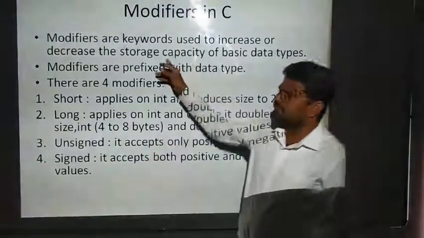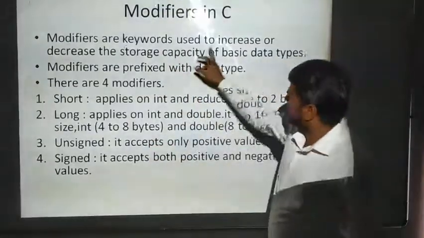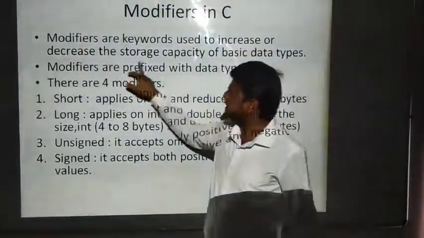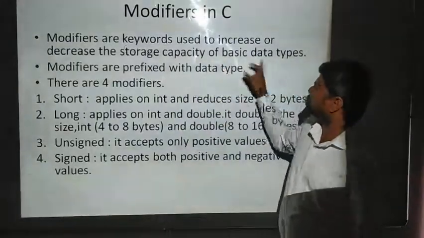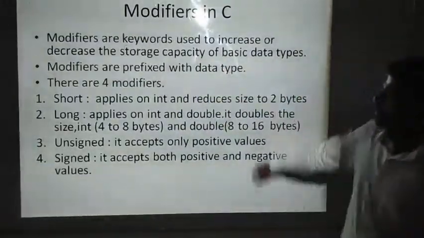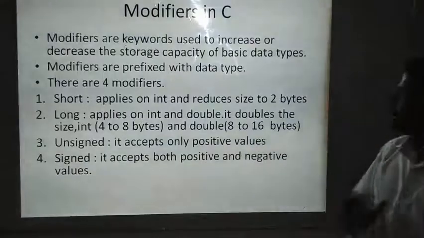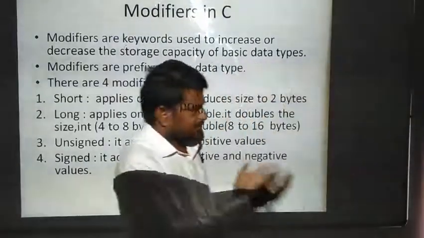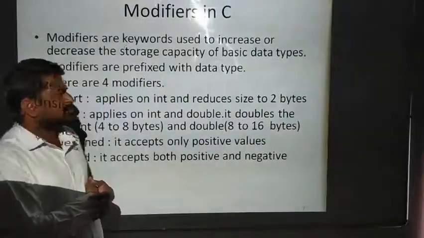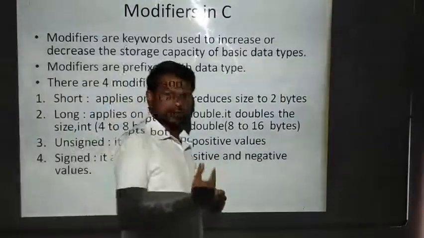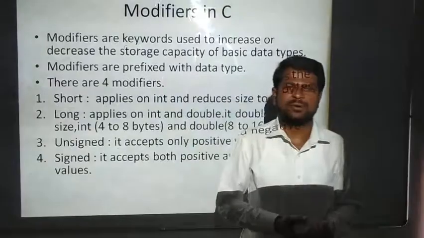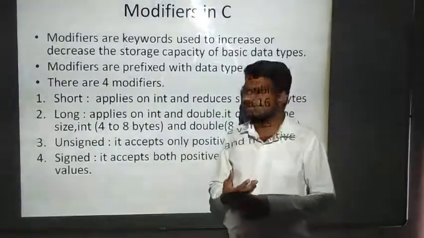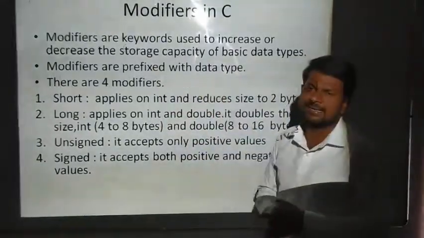Modifiers are prefixed to the data type. Prefixed means you will see them before it, like short int, long int. Integer is a data type, and short is prefixed to it.